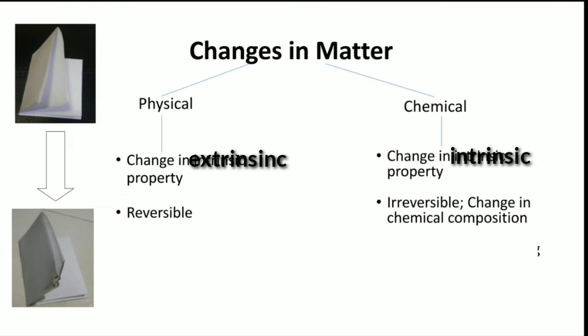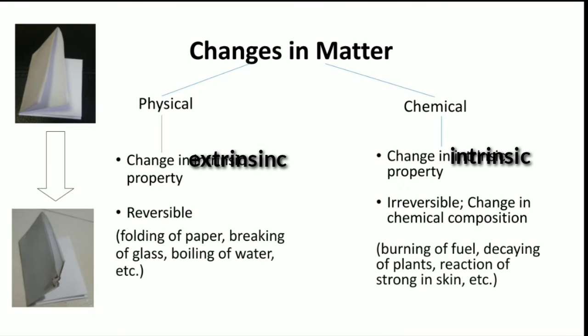Some examples of physical change are folding of paper, breaking of glass, and boiling of water. In the case of boiling of water, the phase change involved is evaporation. Evaporation, as we all know, is the process of changing liquid to gas, and evaporation has a reverse process, which is also common to us, the condensation.